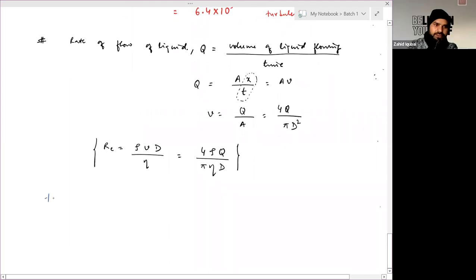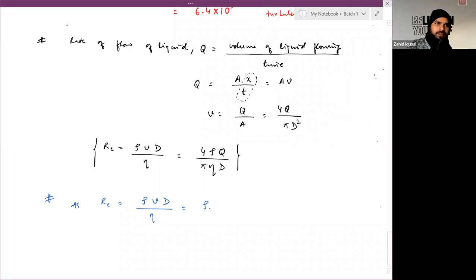We may define Reynolds number in some other way also. Reynolds number is equal to rho V D divided by eta, rho being density.